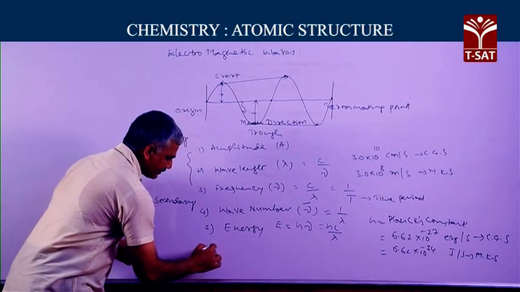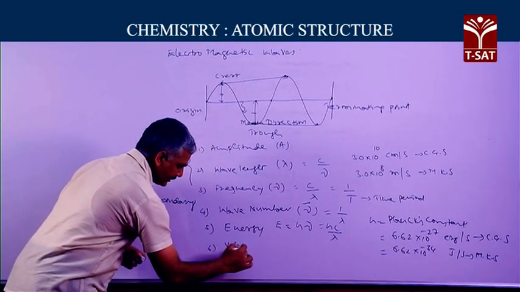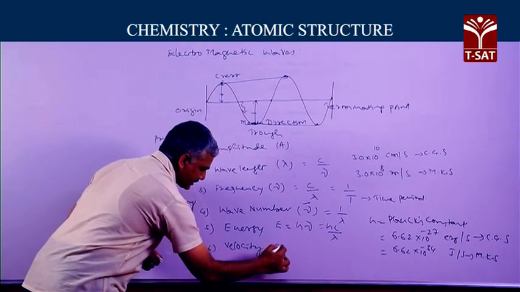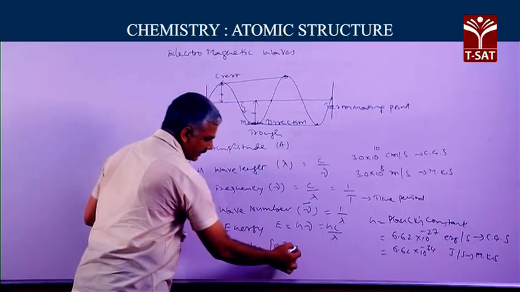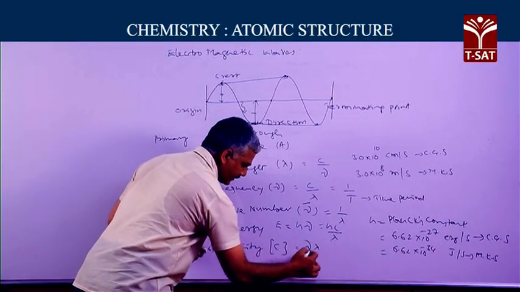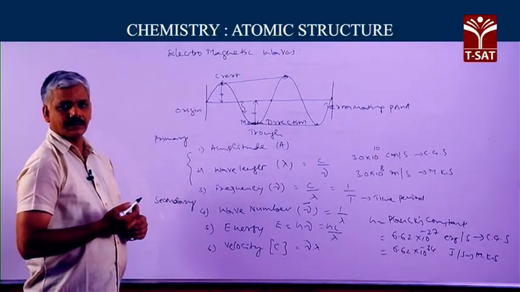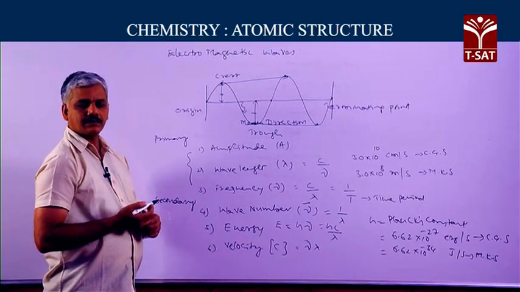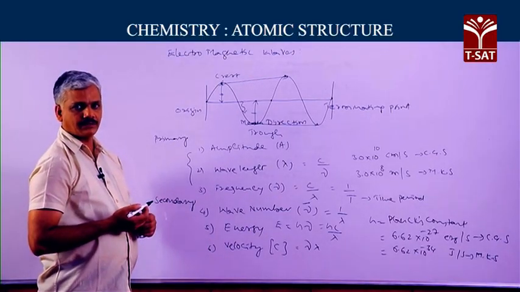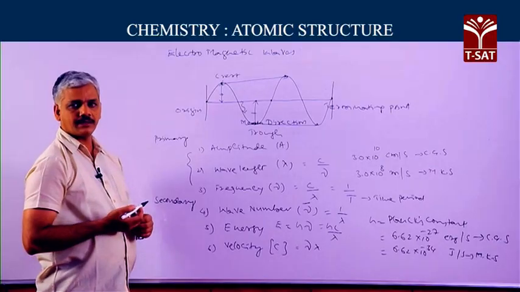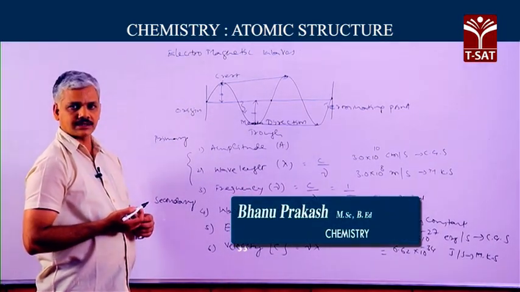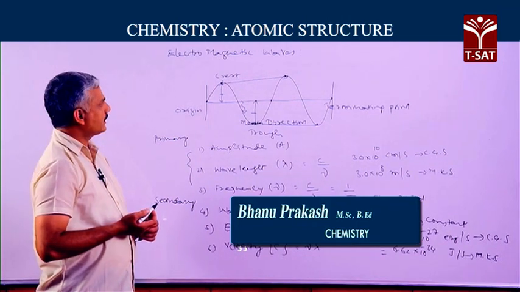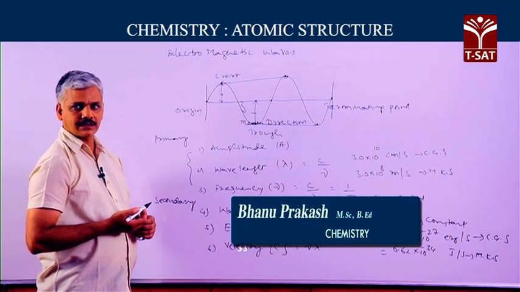Then the last property is velocity. Velocity is denoted with the symbol c. It is the product of frequency and wavelength. A definition that can be given to velocity of electromagnetic wave is distance travelled by a wave in 1 second. All types of electromagnetic waves travel with same velocity.